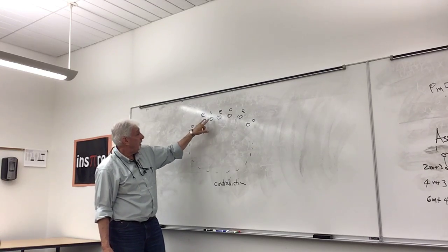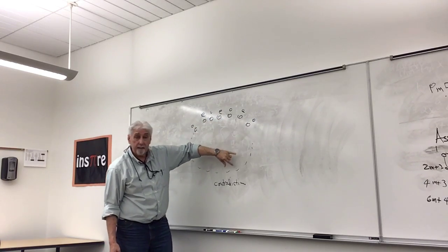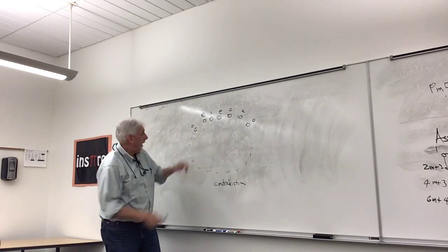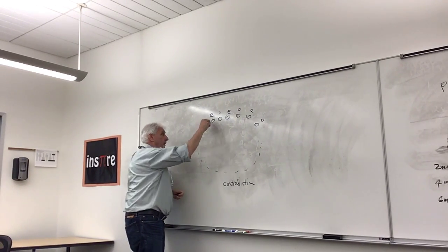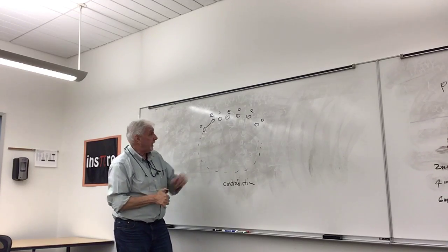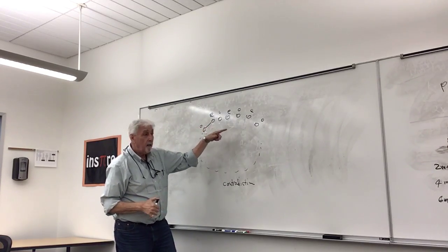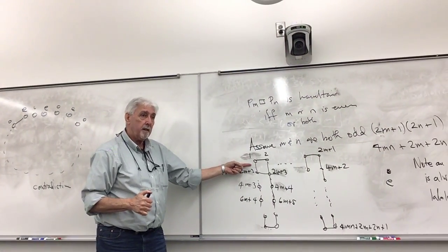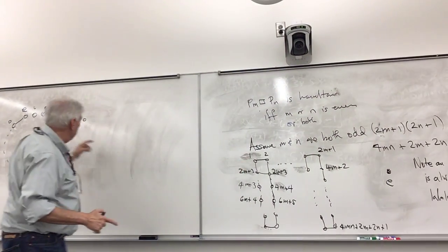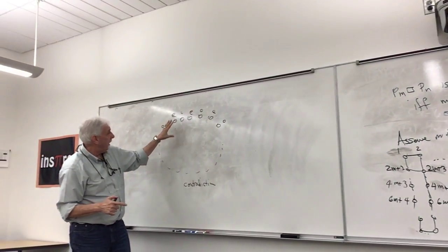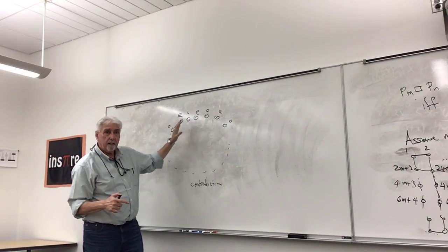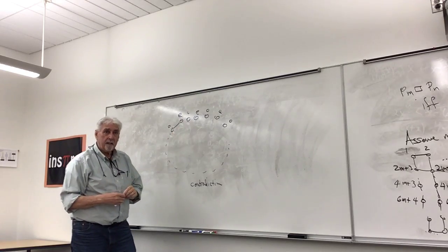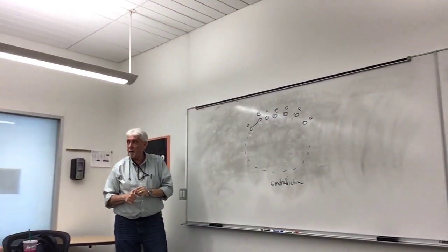So this is 2, 4, 6, 8, 10, 12, 14, 2K, an even number. And if that's the end, then this cycle would have 2K vertices in it. But how many vertices, odd times odd, are here? An odd number. One more time: if it went even to odd and odd to even, then we would necessarily have an even number of vertices. Okay, so that's pretty clever.